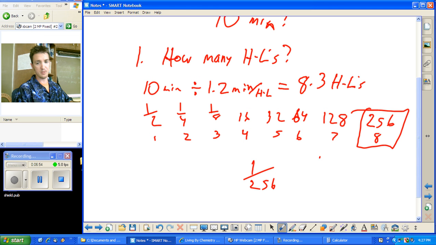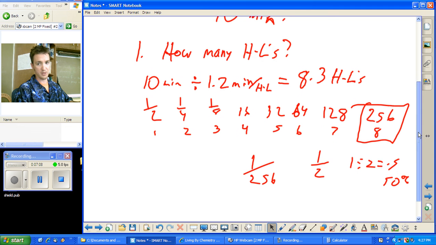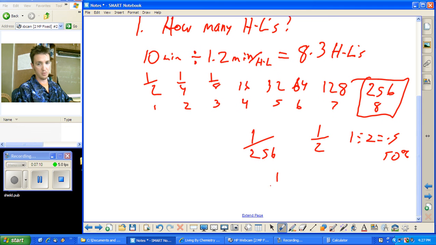Ask for the percent. If I said what's the percent if you have a half left, you take 1 divided by 2 equals 0.5. You turn that into 50%. So if I say what's the percent left after this fraction, it's the same math. You take 1 divided by, instead of 2, 1 divided by 256.